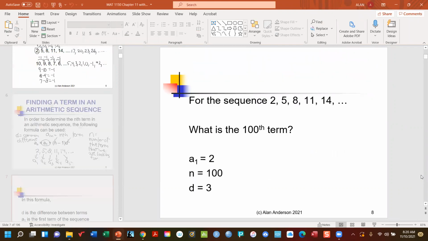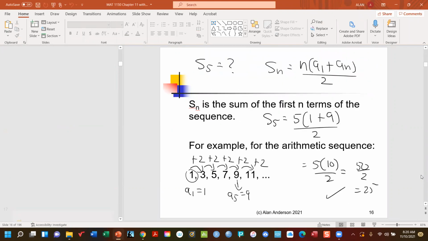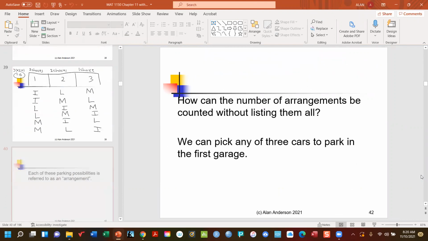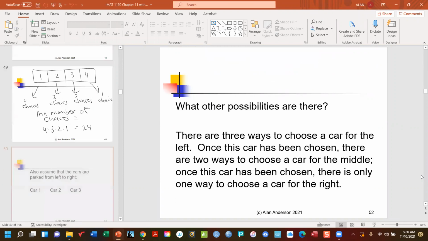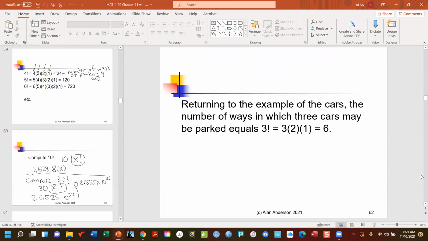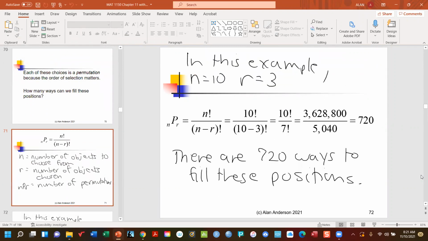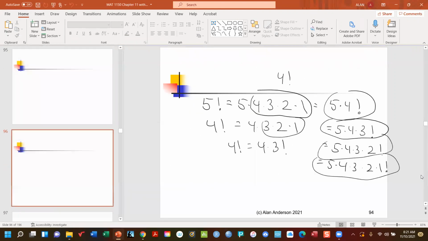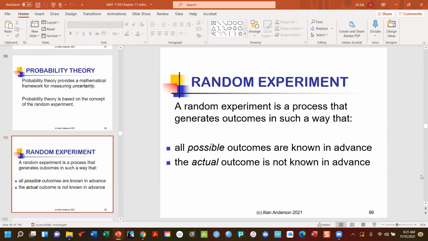I seem to remember that we got all the way as far as combinations. We did permutations for sure. I think we left off right here.